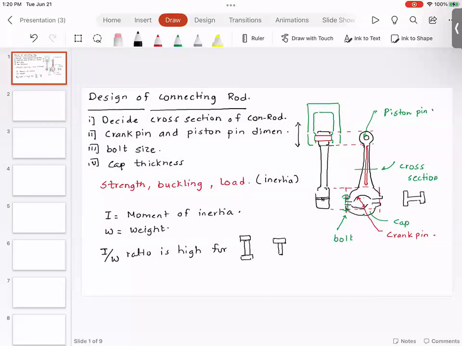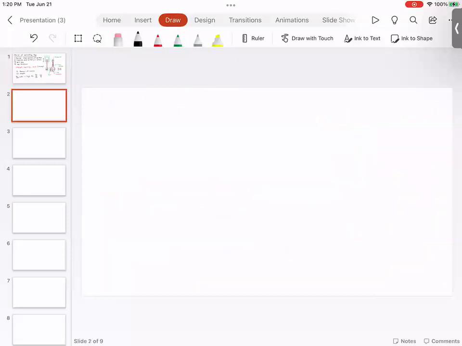Now let's look at step 1. It's determination of cross section.